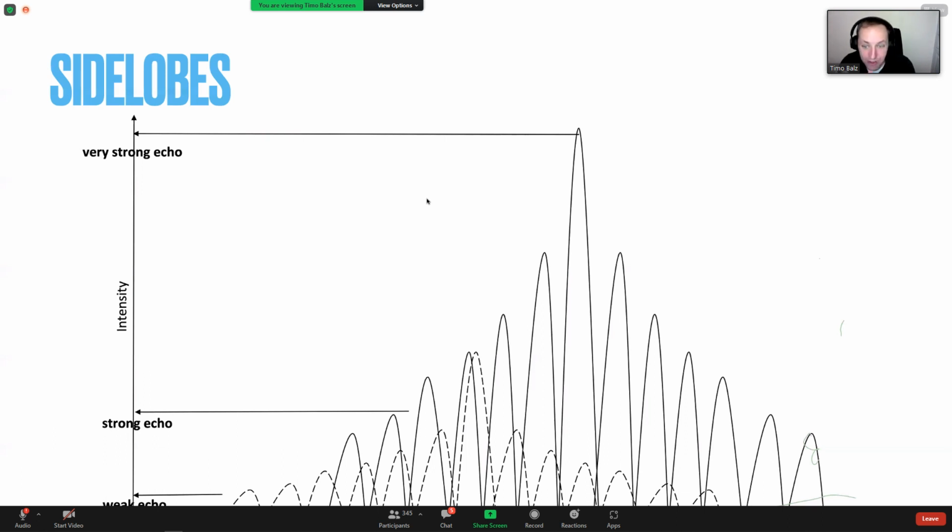I will show you some examples of those later. They can be very disturbing. We do not like them because they are not something that we are interested in. We are interested in the strong signal, but the lobes on the side are at a different position and something we do not really want. They can be very prominent in a SAR image.